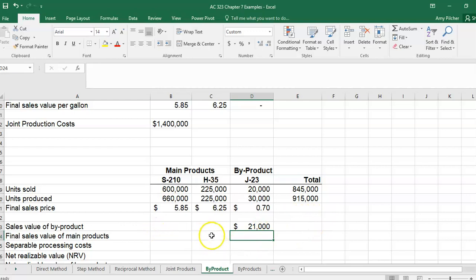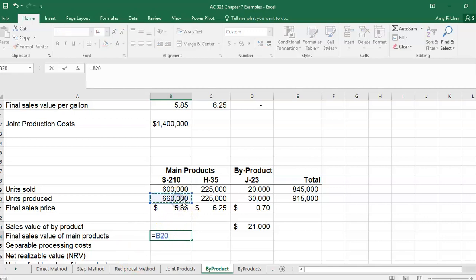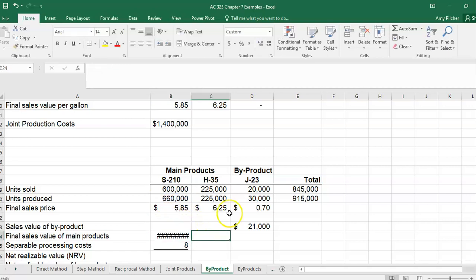The final sales value of our main products, so we have 660,000 times $5.85. And here we have 225,000 times $6.25.